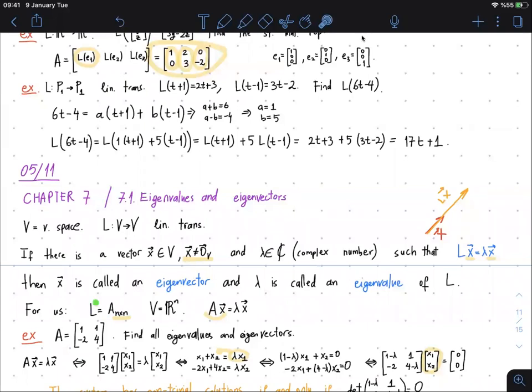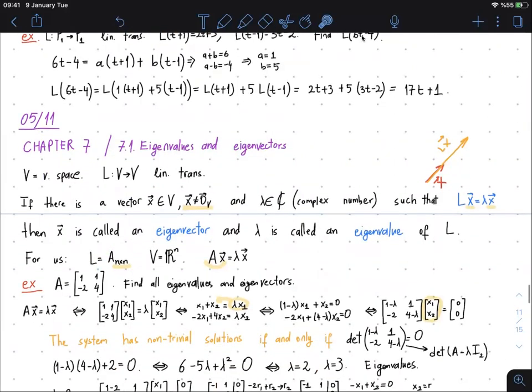In fact, if L is not a matrix, then L has a matrix representation, and we did an example about this, so that everything which is true for the eigenvalue and eigenvector of L is true for that matrix representation. I mean, we can still discuss eigenvalues and eigenvectors, and we don't lose generality.